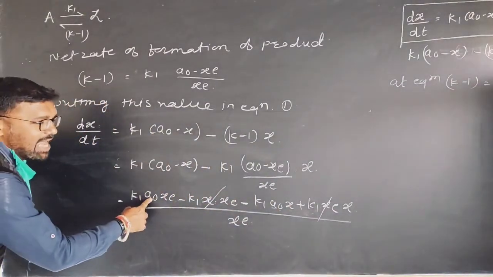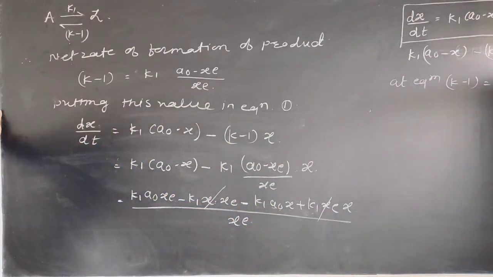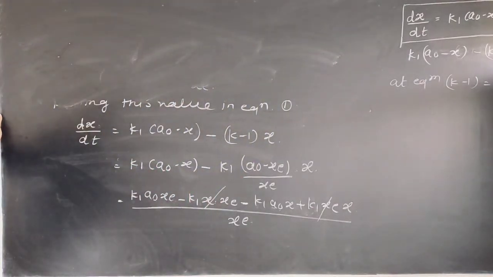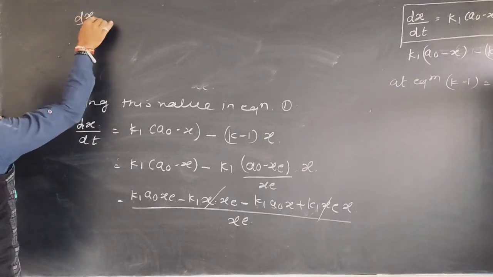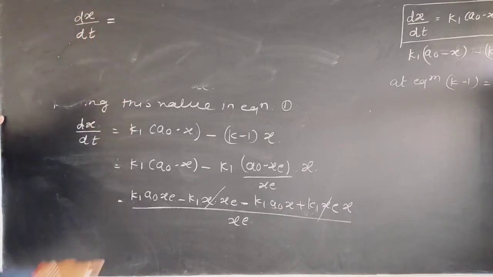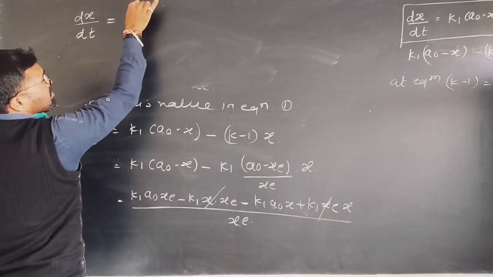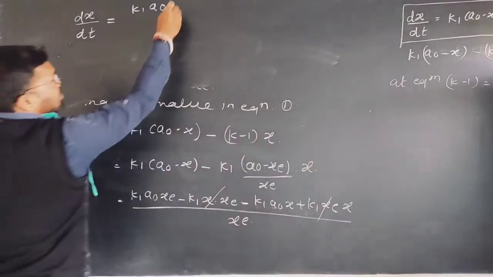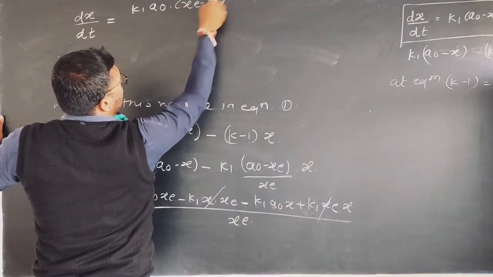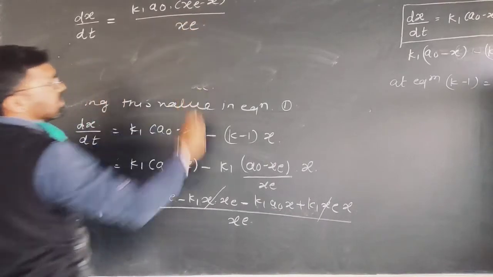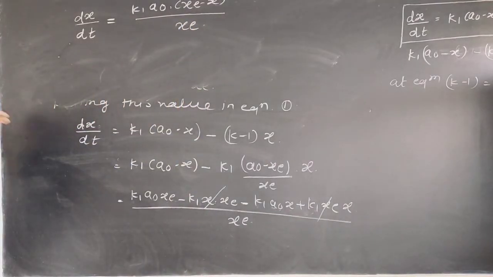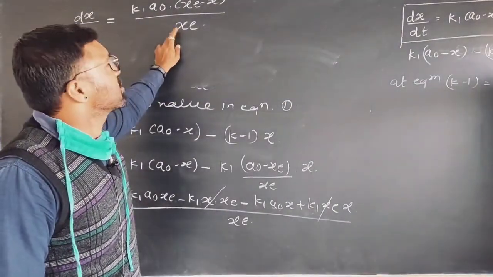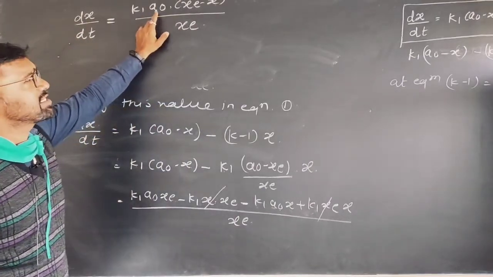Taking k1 and a0 common in this equation, I can write dx/dt equal to k1 a0 is common, and the remaining things are (xe minus x) upon xe. Now xe is the concentration of product at equilibrium. a0 is the initial concentration, which is constant.